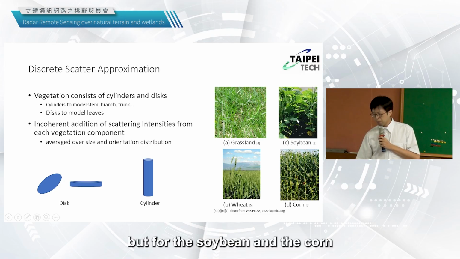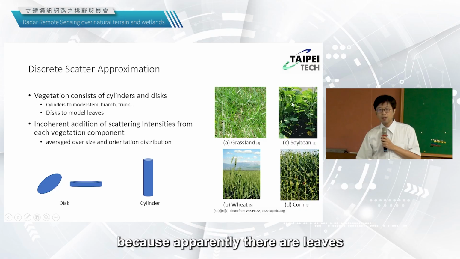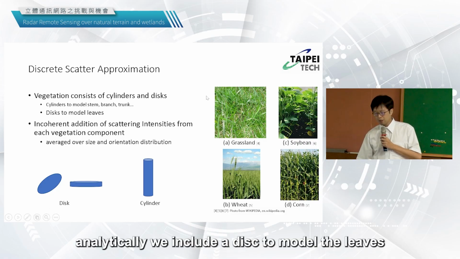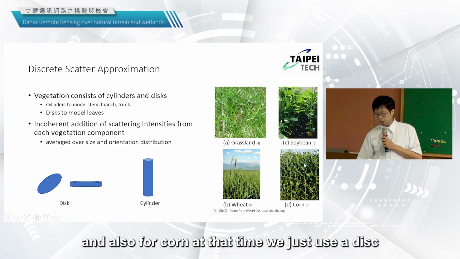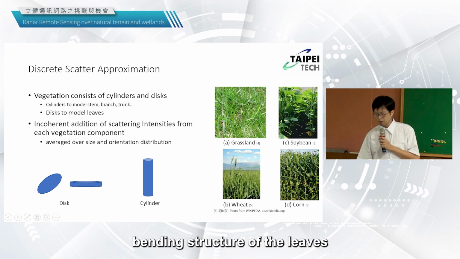But for the soybean and the corn, you cannot just use a cylinder because apparently there are leaves. So analytically, we include a disc to model the leaves. And also for corn, at that time we just used a disc instead of considering the bending structure of the leaves.